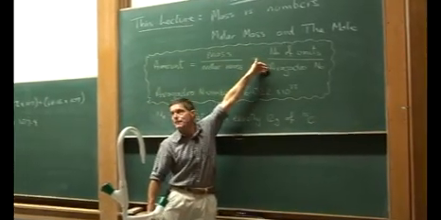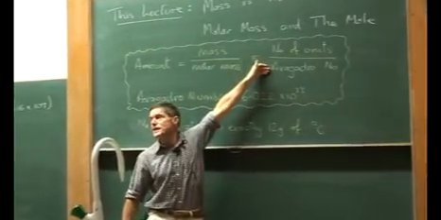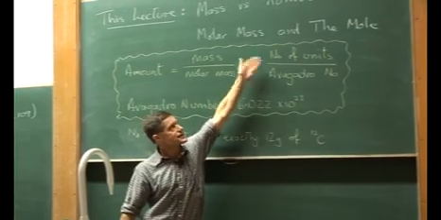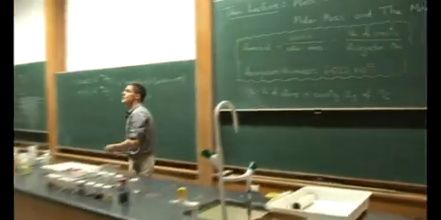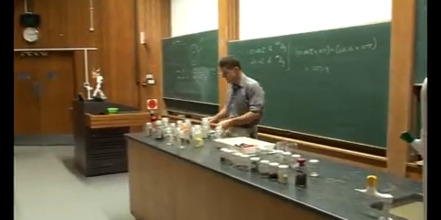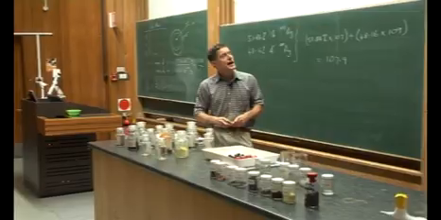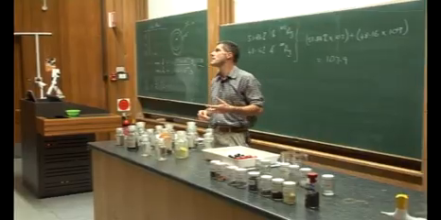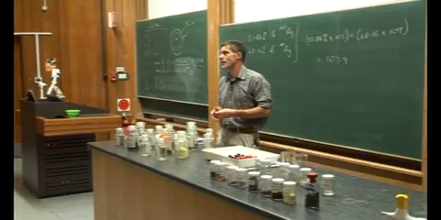The Avogadro number is something that's fixed, and we can determine the number of atoms, the number of units, that we have of that material. Now, I'm going to use the term molar mass throughout this.